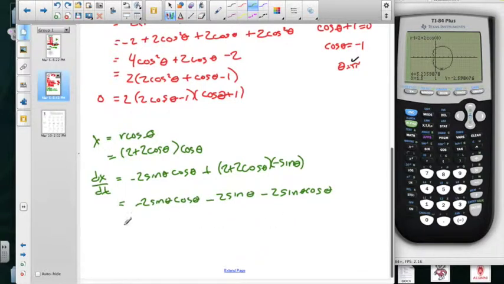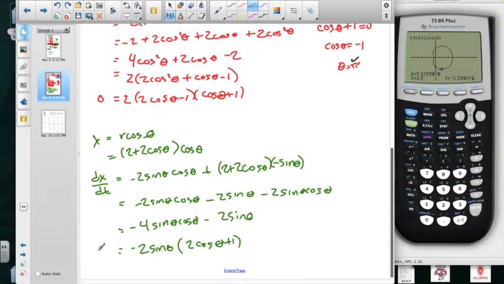As we combine these, we have minus 4 sine theta cosine theta minus 2 sine theta. So we can factor out a minus 2 sine theta, and that leaves us with 2 cosine theta plus 1.